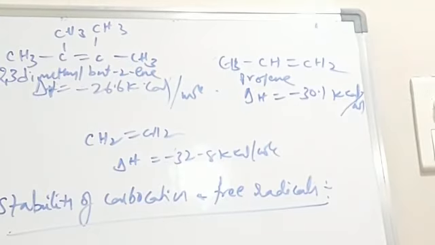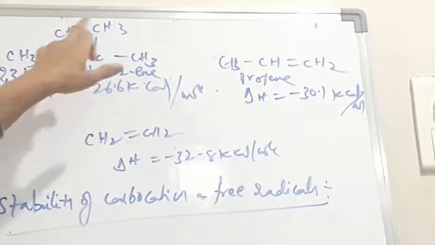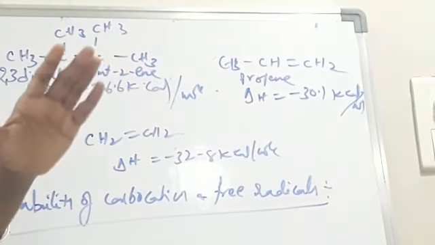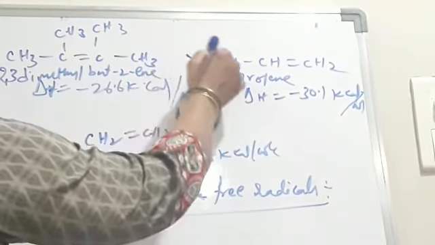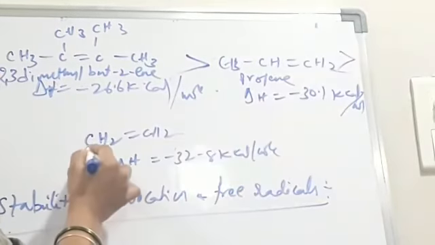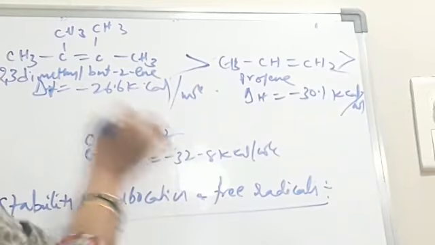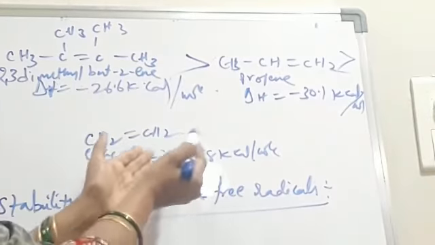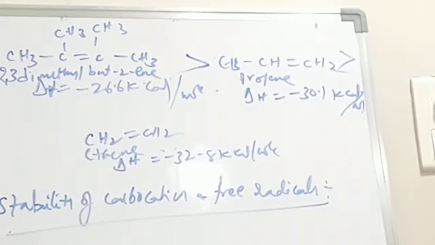So here it has more alkyl groups. That's why it is more stable in nature, and it is more stable than propene. Propene is more stable than ethene or ethylene. So as stability decreases, the heat of hydrogenation gradually increases. So there is inverse proportionality between stability and heat of hydrogenation.